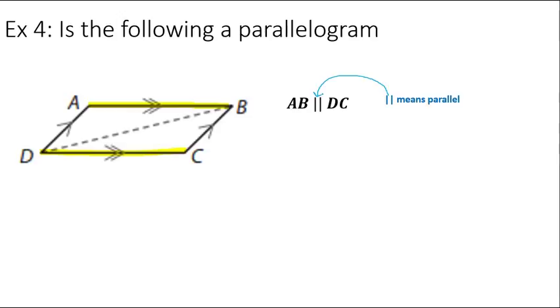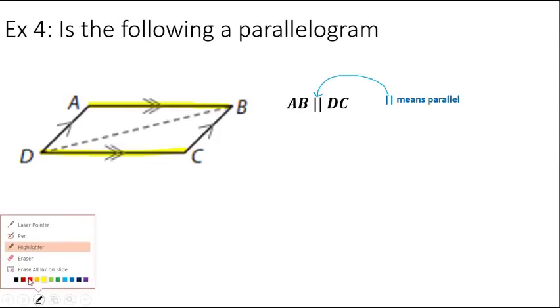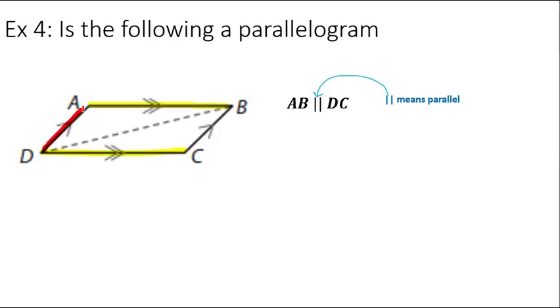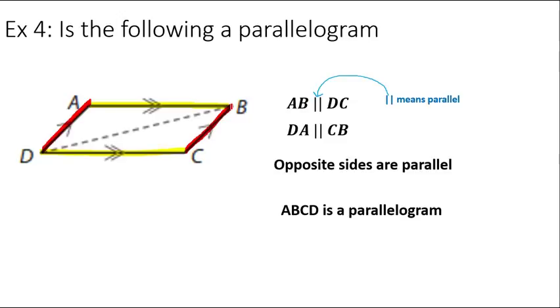They also tell us that two more sides are parallel: DA and CB. So opposite sides are parallel, which means that shape ABCD is a parallelogram.